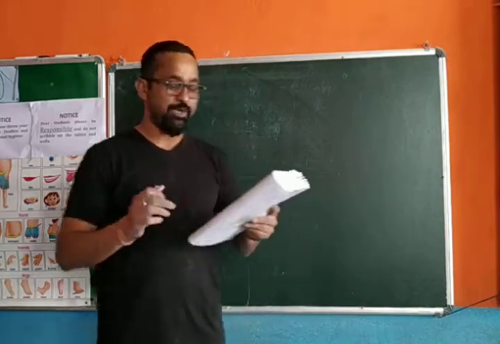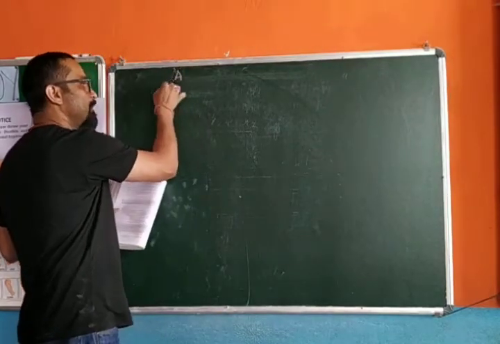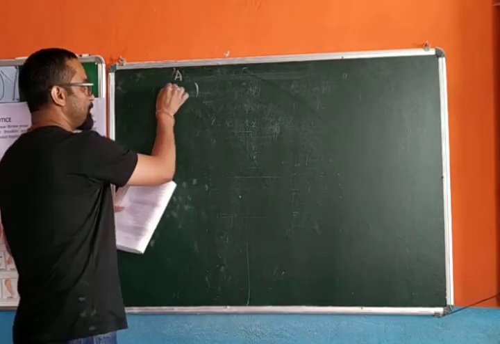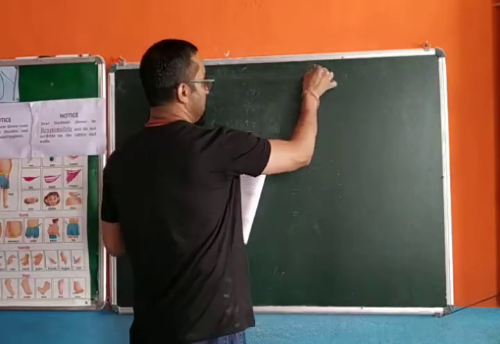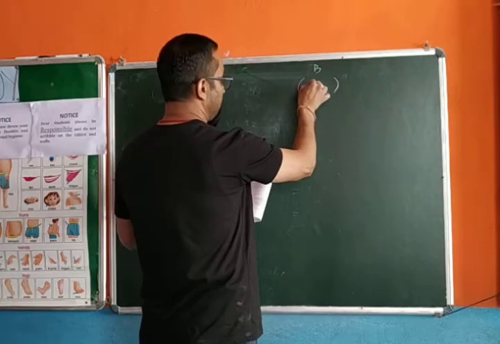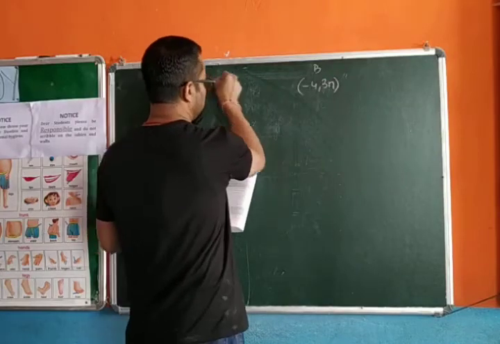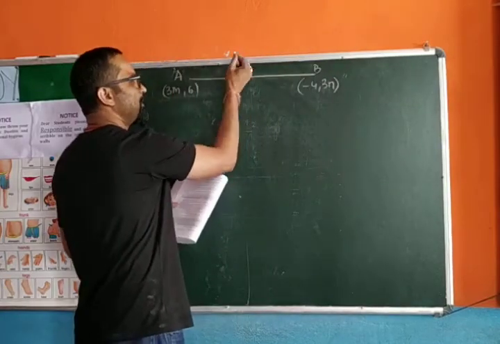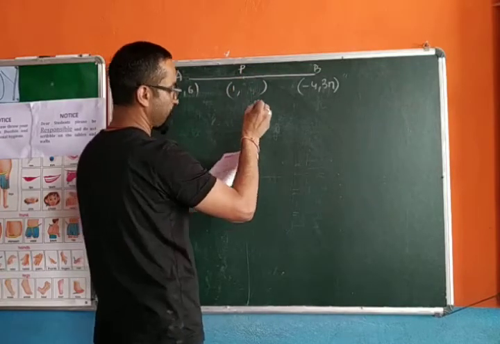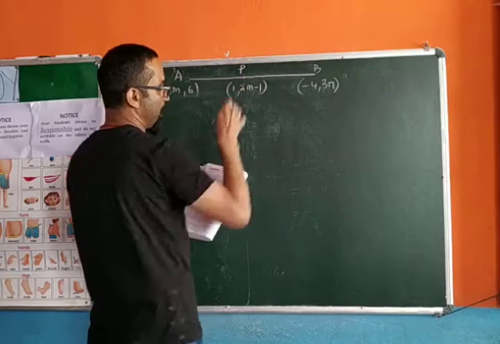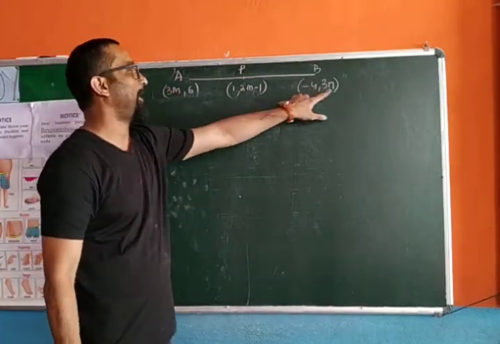Question says that midpoint of line segment joining, no name, assume it, A (3m, 6), B (-4, 3n), is, join it, write P here, and midpoint has coordinate (1, 2n minus 1). Find the values of m and n.